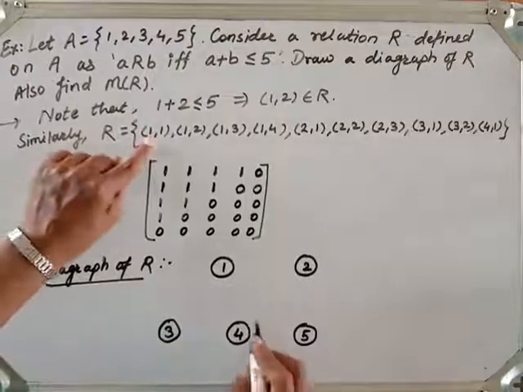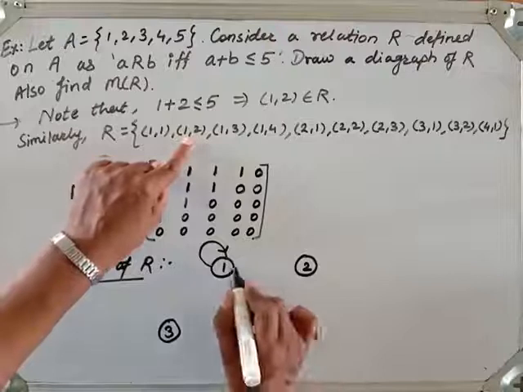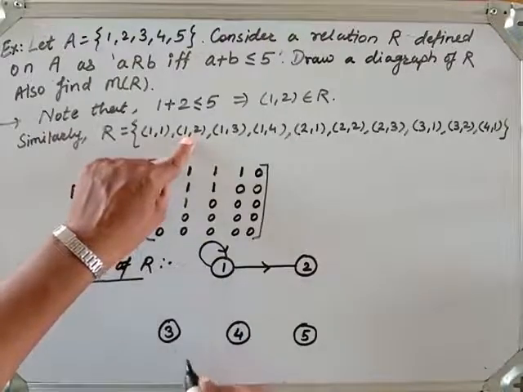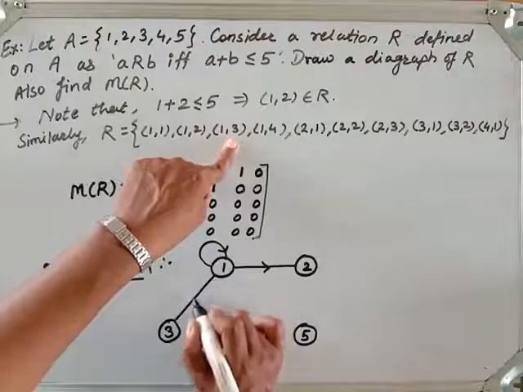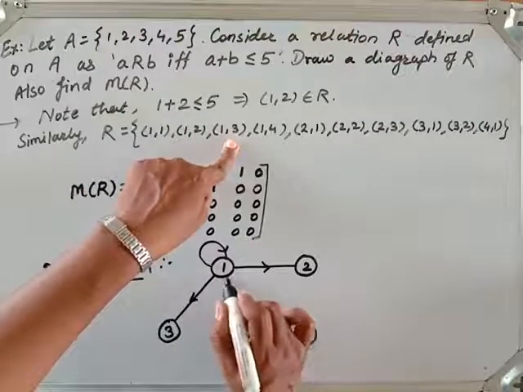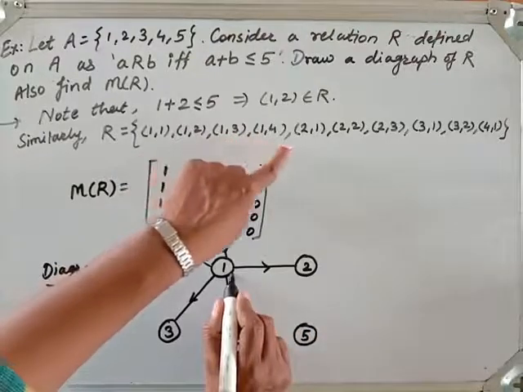Now 1 is related to 1, so there is a loop on 1. Fine. 1 is related to 2, so there is a line between them. 1 is related to 3, so there is a line between them. Now 1 is related to 4, so it will be as such. 1 is related to 5 is not there.